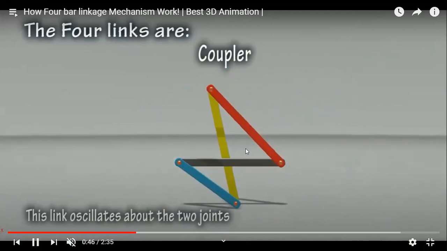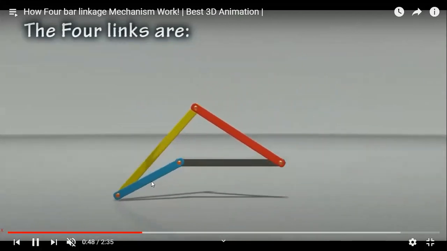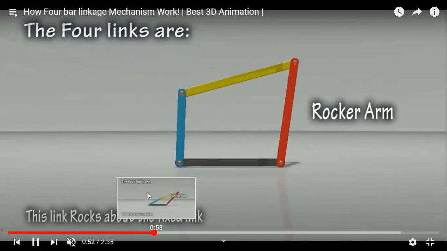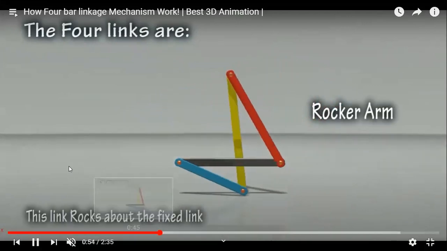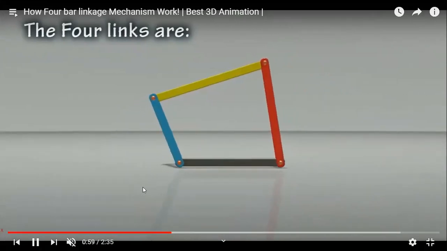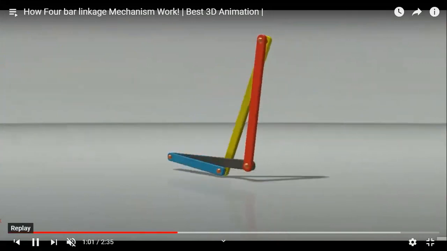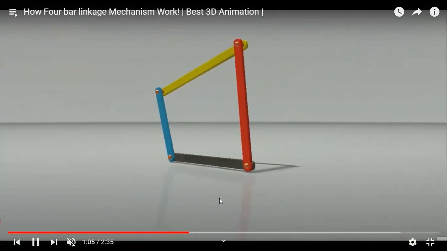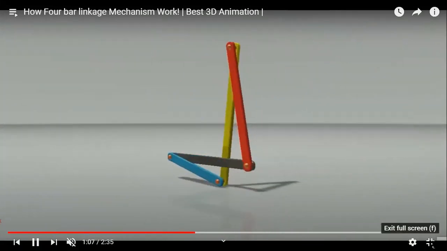What I observe here is that the coupler is also oscillating only. The coupler is not able to make a full rotation. Will it go to the other one or not?